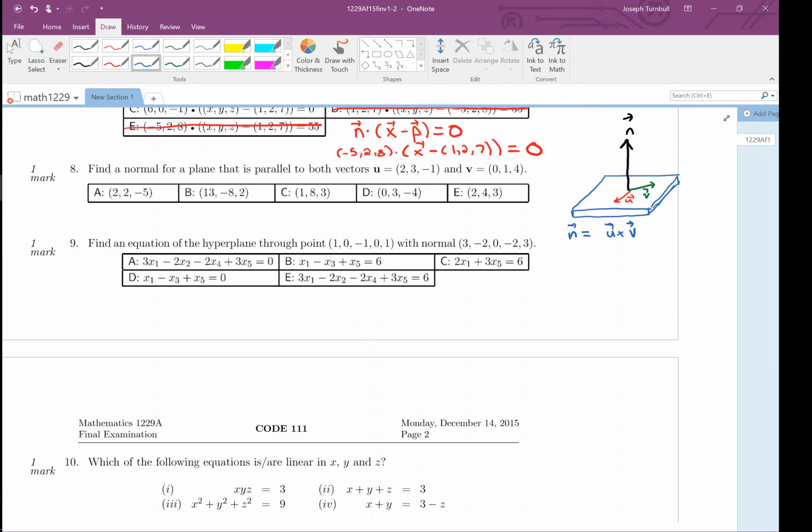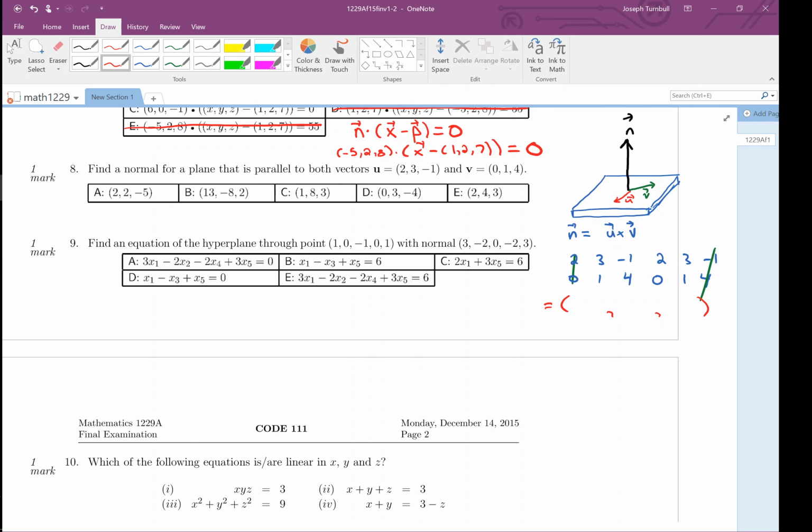Okay, so we're going to use the same process for doing cross product and make two copies of the first one. So 2, 3, minus 1, 2, 3, minus 1, and then two copies of the second one, 0, 1, 4, 0, 1, 4, and then hide the first and last columns, and then construct our cross product as downs minus ups.